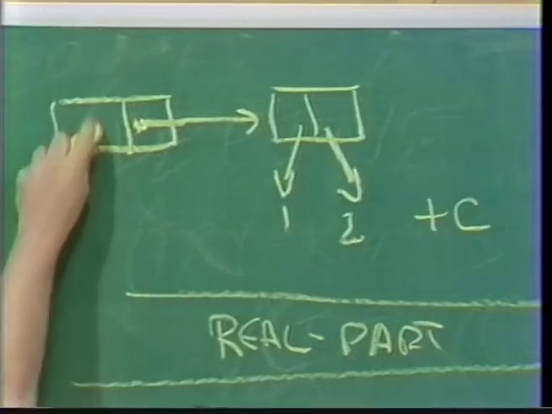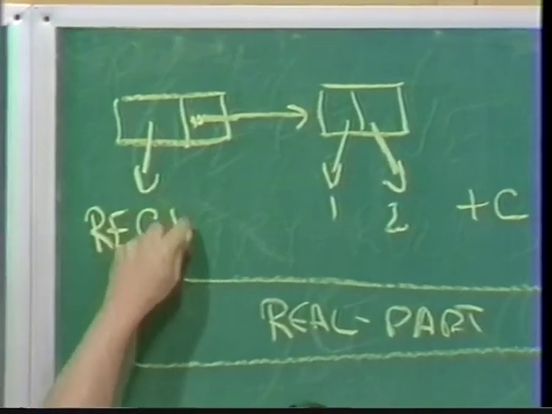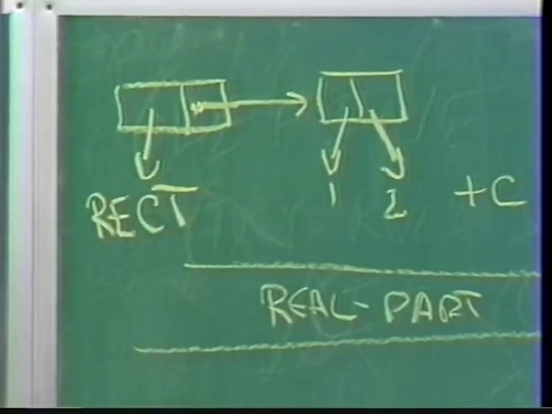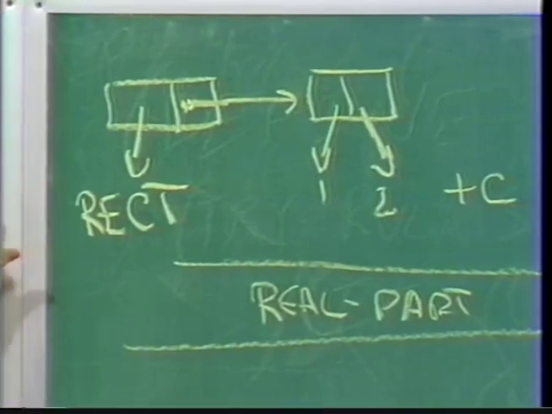That would be the contents, and the whole data would be that thing with the symbol rectangular added onto that. And that's the way that complex number would exist in this system.